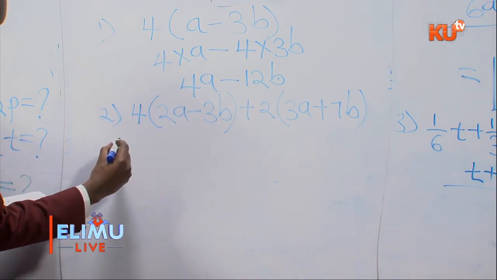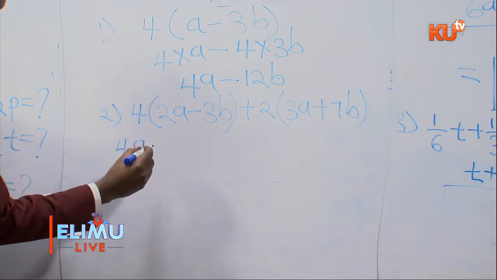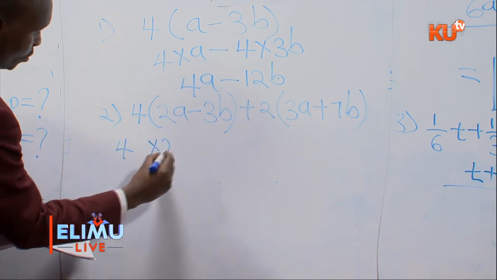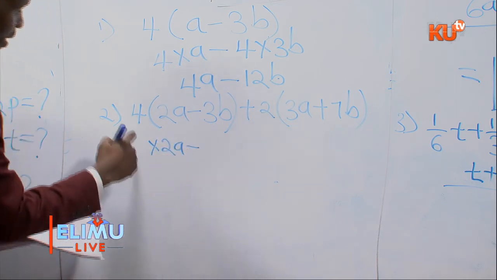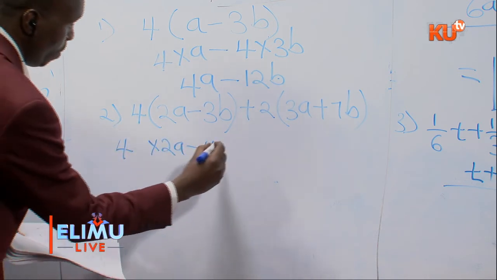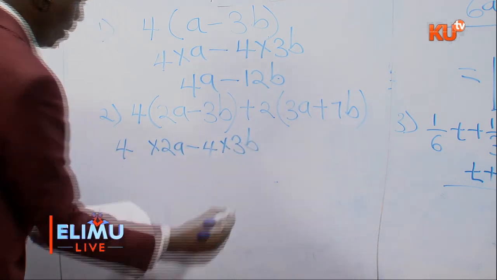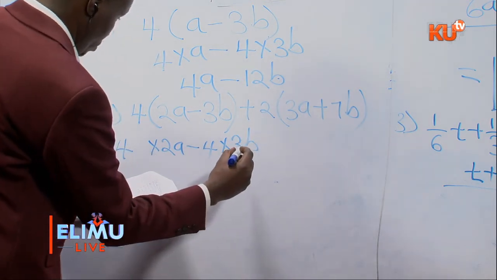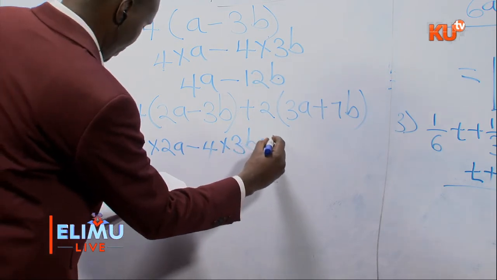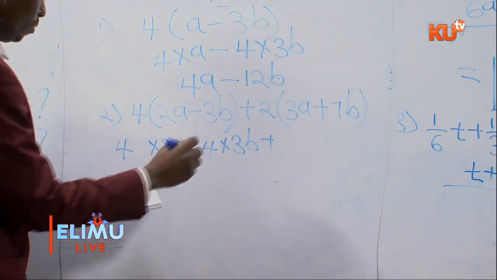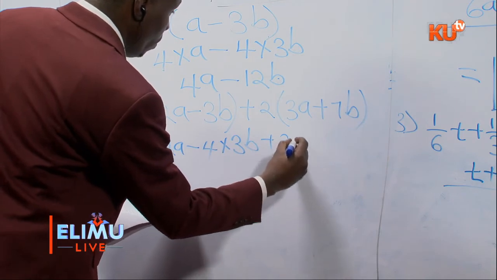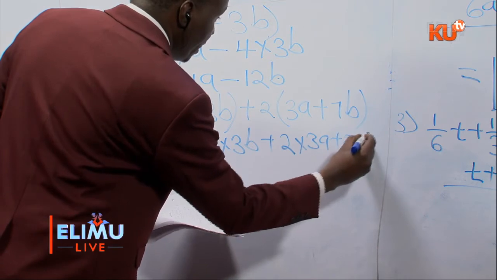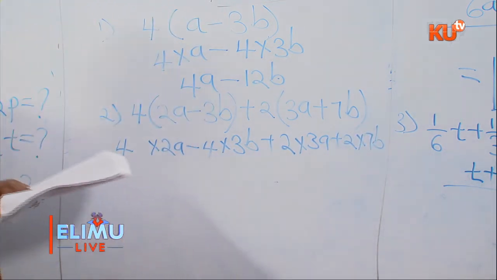So for this case, we shall have 4 multiplied by 2a, take away 4 multiplied by 3b, plus 2 multiplied by 3a plus 2 multiplied by 7b.